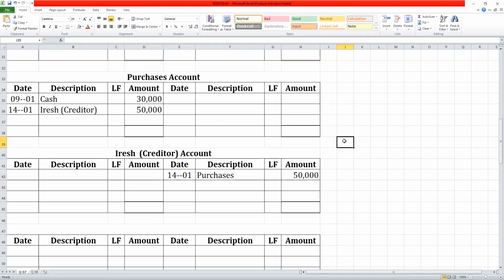Let's read the double entries. Increase in expense debit, increase in liability credit. Again, increase in expense debit, increase in liabilities credit.